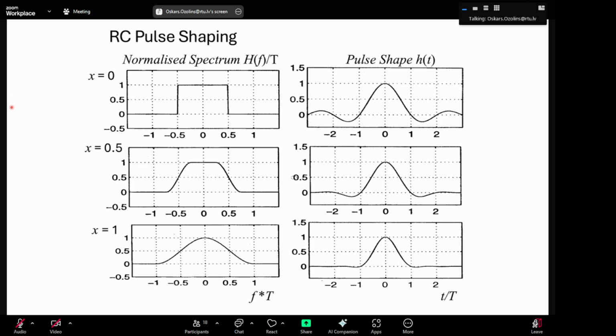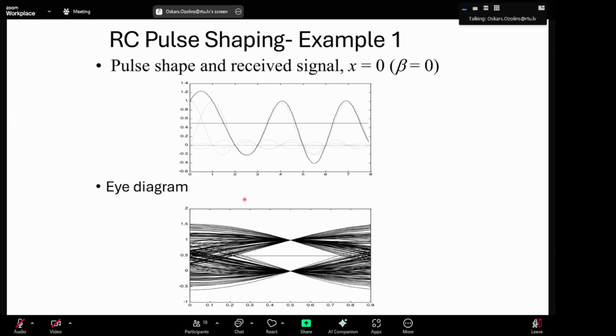Then if we go further, how will the eye diagram look? For example, if beta is 0, so it's very strong pulse shaping, then you will have a wide opening here, but you have a lot of transitions coming up and down.